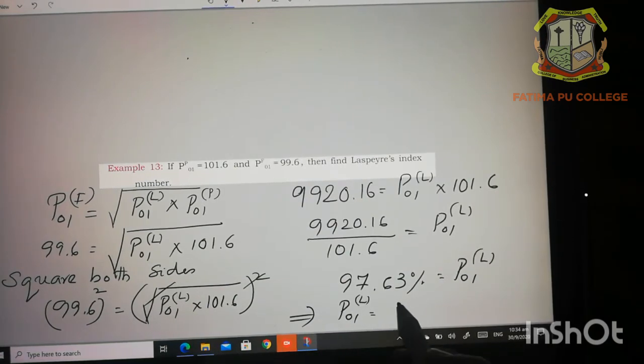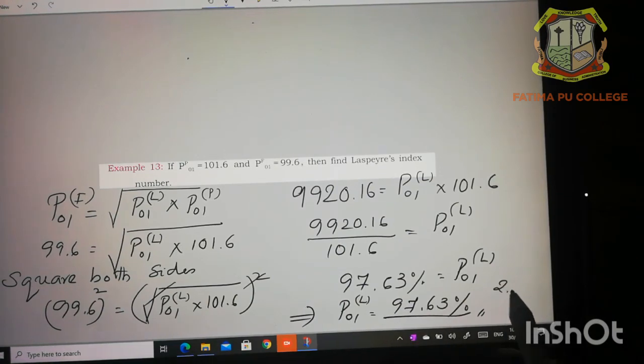P01L is equal to 97.63 percentage. Okay, if ever we have to see how much percentage increase or decrease, we can clearly say that it is almost 2.36 percentage less than 100. So we can say 2.36 percentage is the decrease, is what we can write.